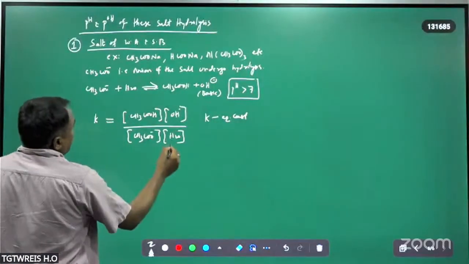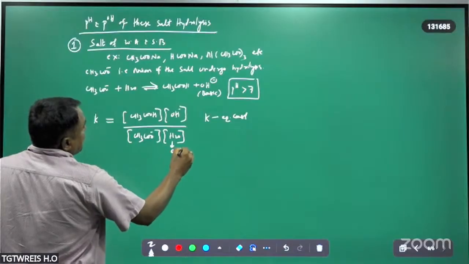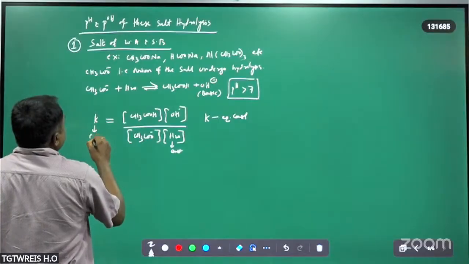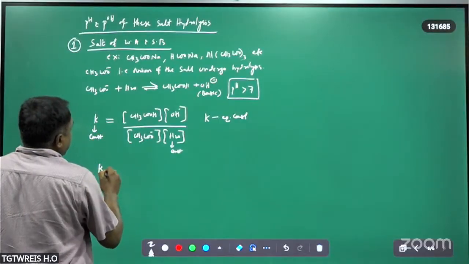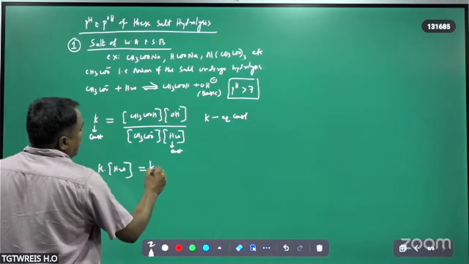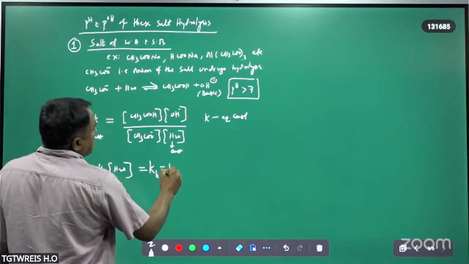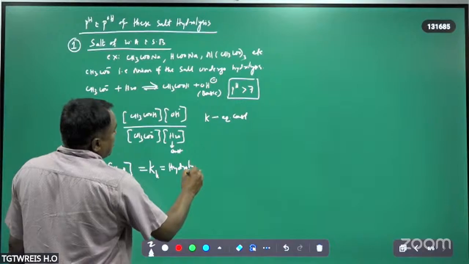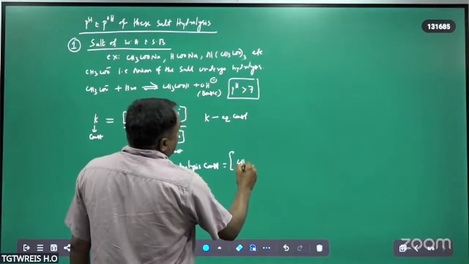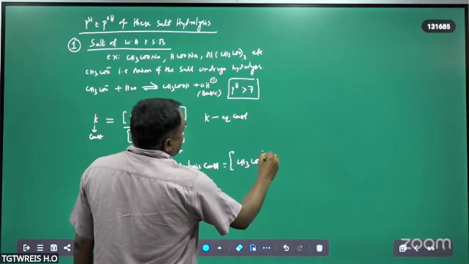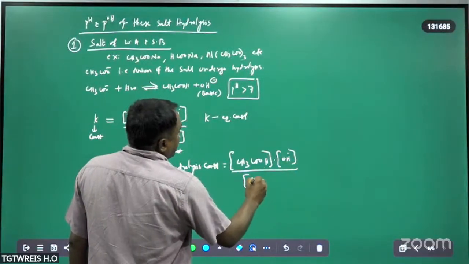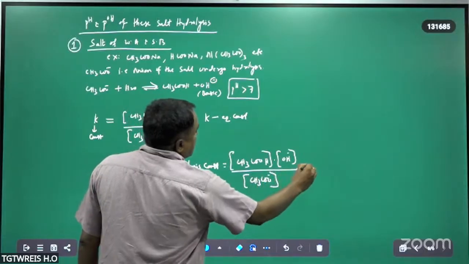The molar concentration of water is constant at constant temperature. Therefore, K into the concentration of water is also another constant, that is Kh. Kh is the salt hydrolysis constant. It is equal to CH3COOH into OH minus by the acetate ion CH3COO minus. So this is equation number 1.